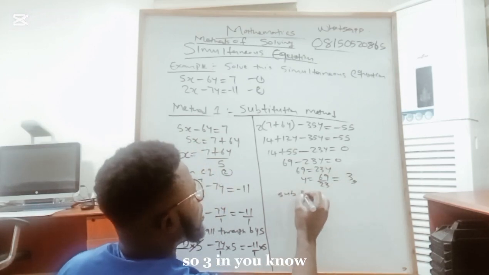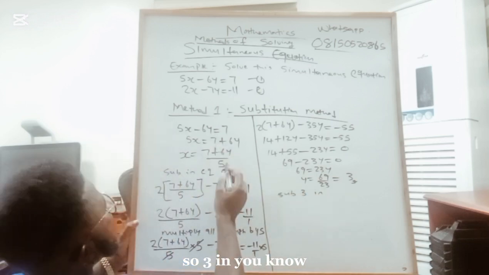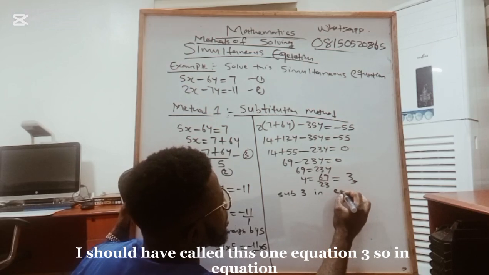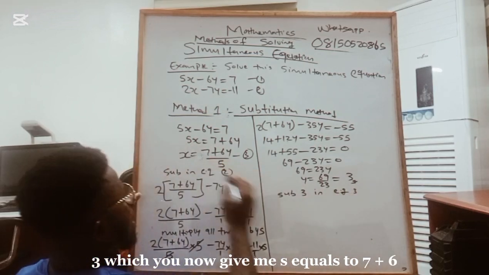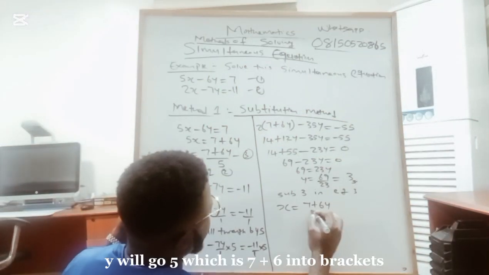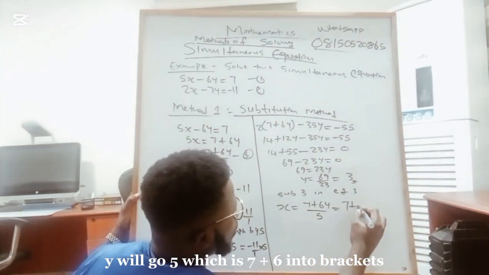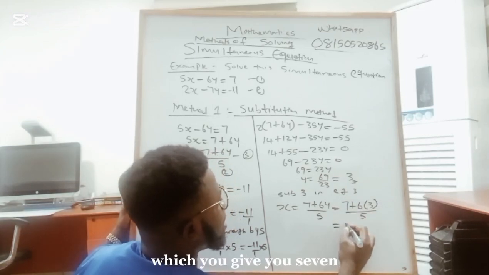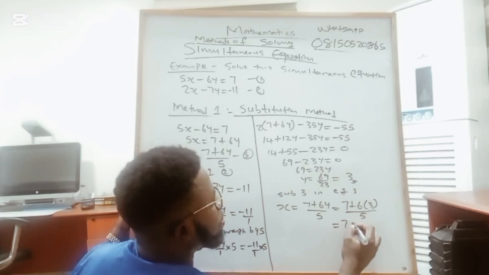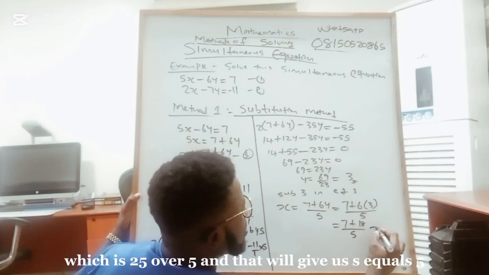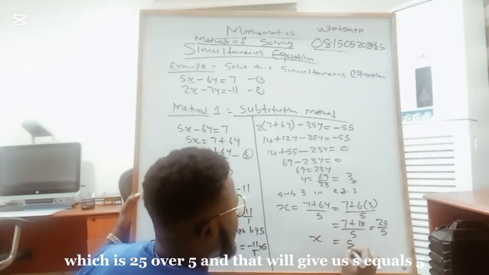Now substitute 3 in. I made an equation, I should have called this one equation 3. So in equation 3, x equals 7 plus 6y over 5, which is 7 plus 6 into bracket 3 over 5. 6 times 3 is 18, so 7 plus 18 all over 5, which is 25 over 5, and that will give us x equals 5.